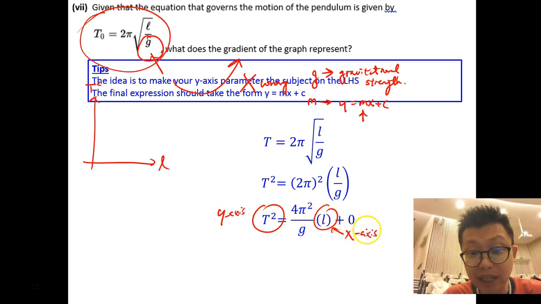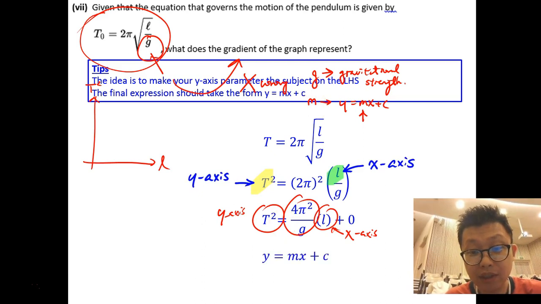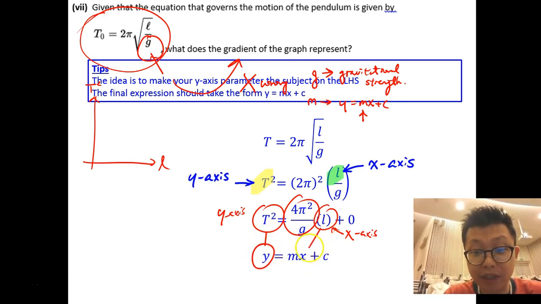And you can actually see that this part will fit to your gradient because a straight line's equation is given by y equals mx plus c, right? So you can see that it matches.